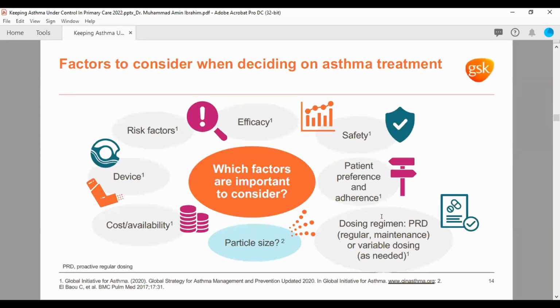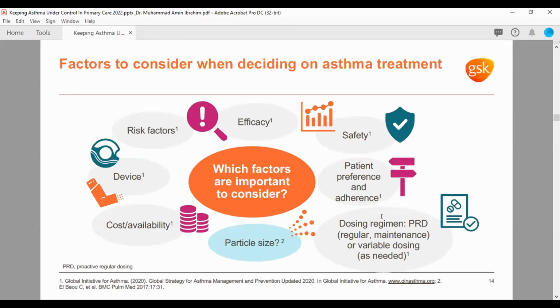So we have to know the efficacy of giving fixed dose preventer medication, and if we consider giving PRN ICS-formoterol combination, which one is better? What is the safety profile? If you decide to give a regular preventer, is the patient going to adhere to the regime?